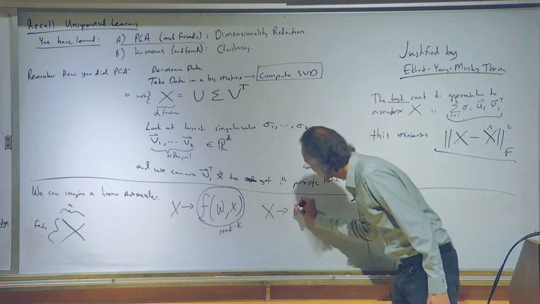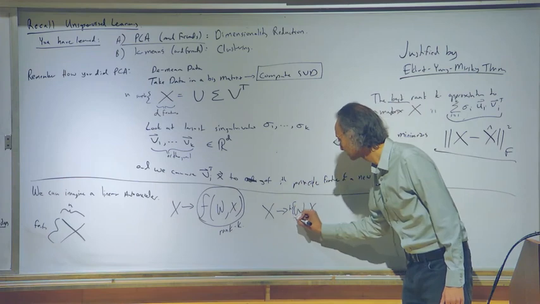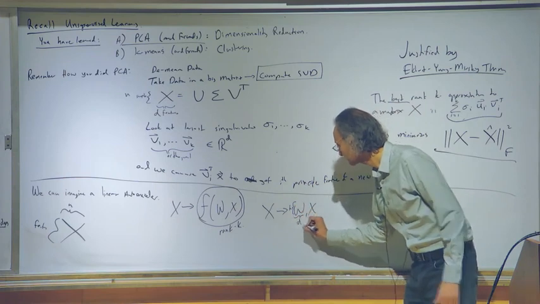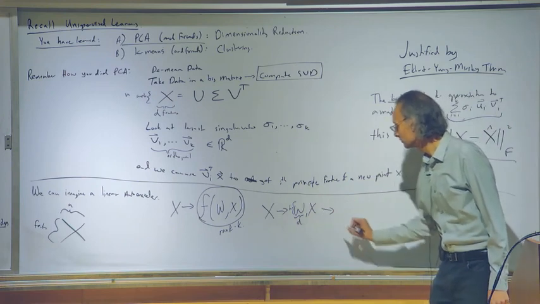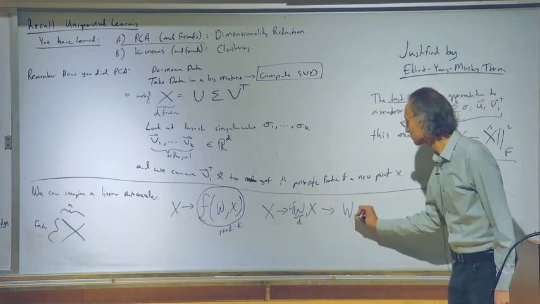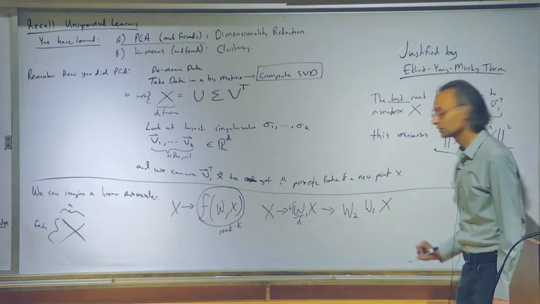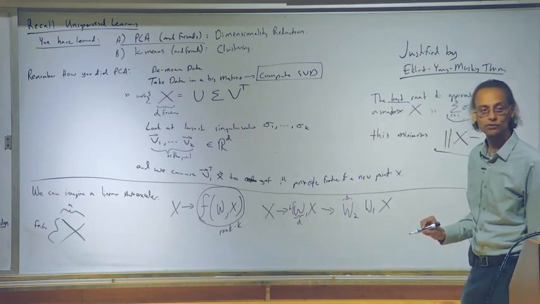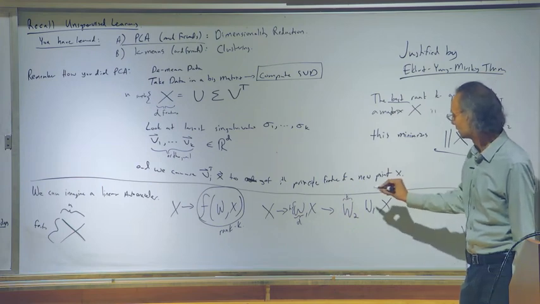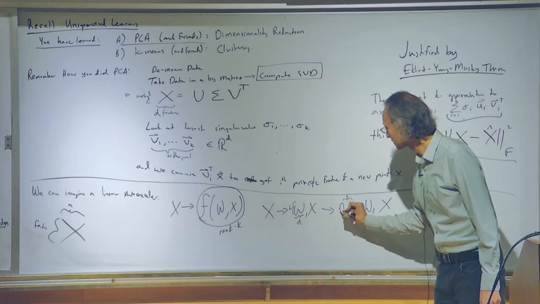So I can make w1 have only k columns. Then I can take that and I can multiply it by w2, where w2 has k rows, so I can get the matrix multiply to work. And I'll go back up to size d.